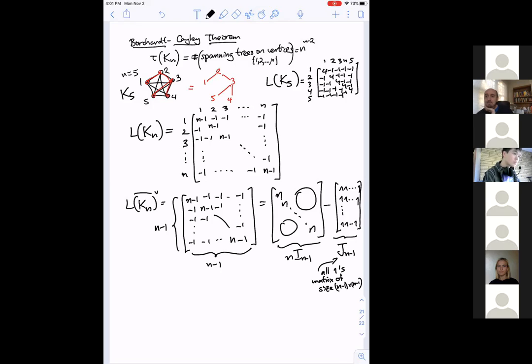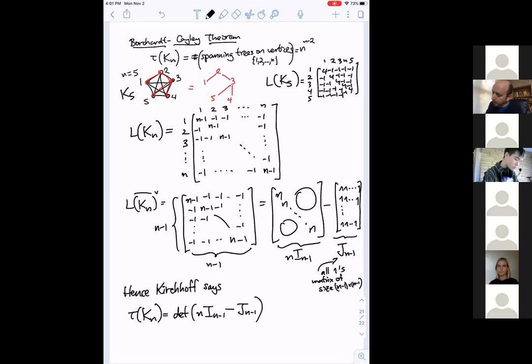Everybody believe that? So here's the thing. Kirchhoff tells us that tau of Kn, the number of spanning trees we're interested in, should be the determinant of n times the identity minus this all ones matrix of the same size.